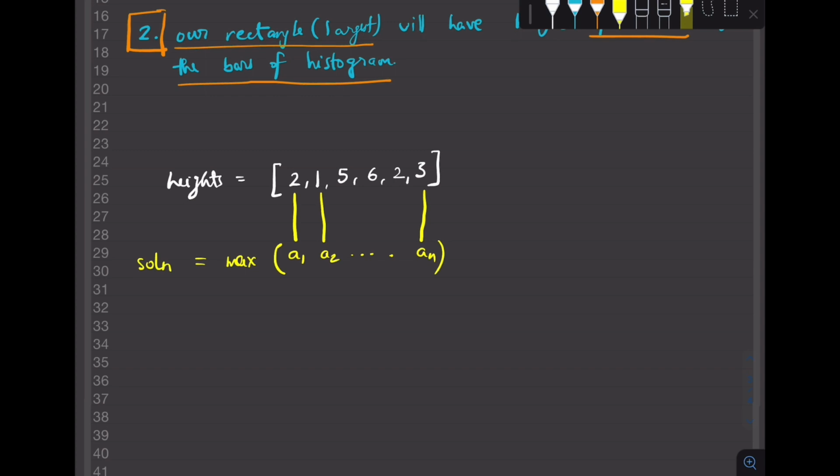Now, how can we find the area corresponding to each one of these? Well, that should be fairly simple, right? You can just brute force the solution. For each one of these heights, let's draw a histogram again to understand this better.